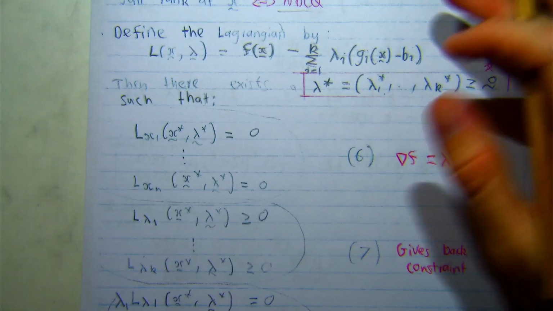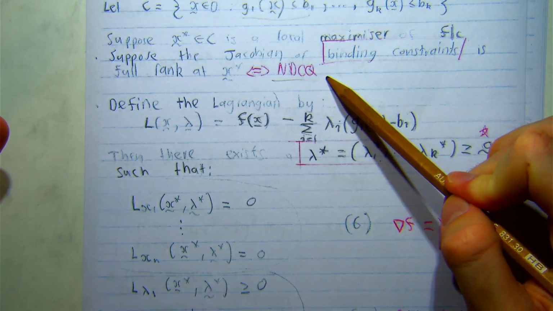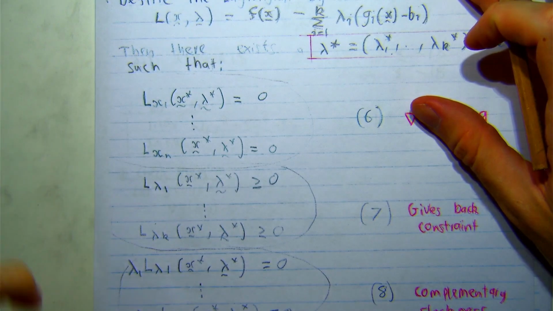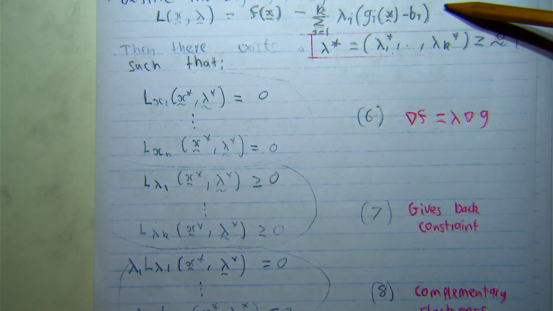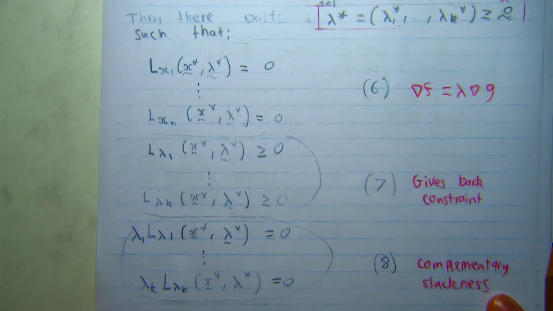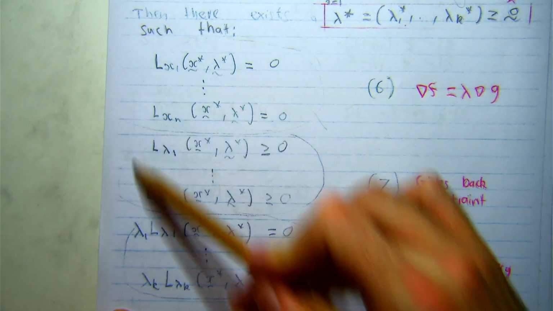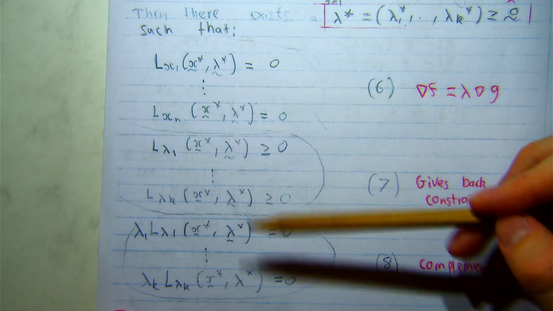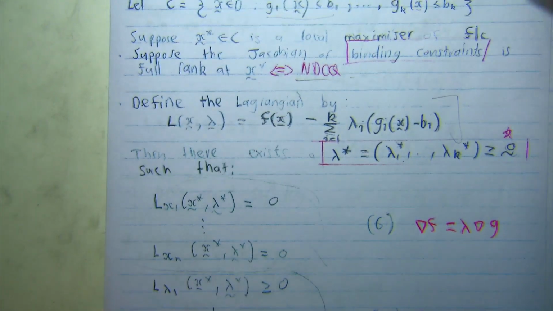So our maximizer x star, so long as the NDCQ is satisfied, will satisfy the first order conditions listed below based off this function. And the idea is that we can therefore look for the solution by solving these and finding candidate solutions to this.